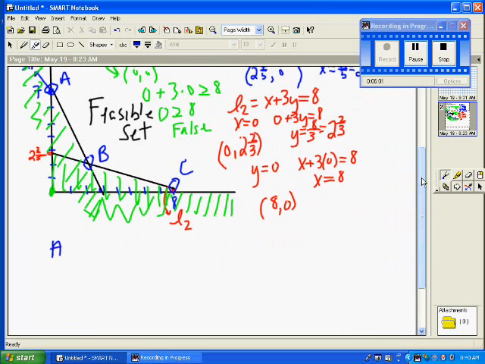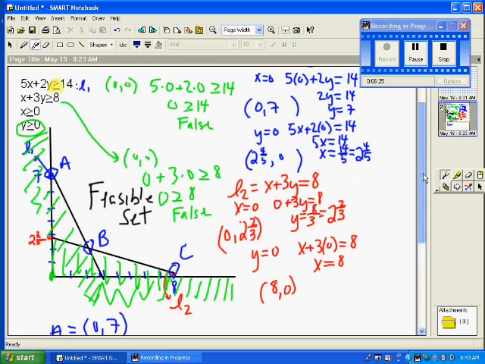I've got point A, I've got point B, and I've got point C. Point A, because I did a good job of graphing, I know already is the point (0, 7). Point C, because I did a good job graphing and labeling, I know is the ordered pair (8, 0). So now all I'm left really is to figure out what point B is, and point B is the intersection of line 1 and line 2.